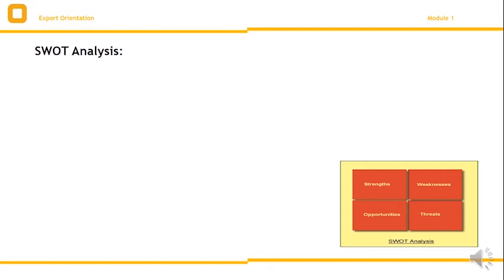So for your SWOT analysis, we have what we call our internal factors. Internal factors are your strengths and your weaknesses. These are factors that you can control as an entrepreneur. So what are strengths? Strengths can be things like having business resources, having skills, having the necessary abilities.